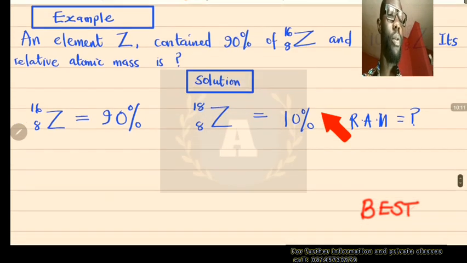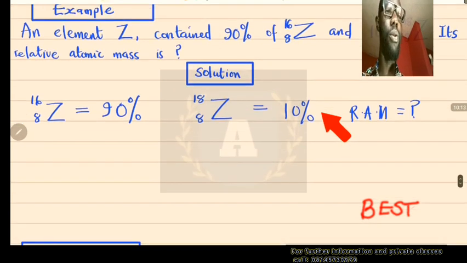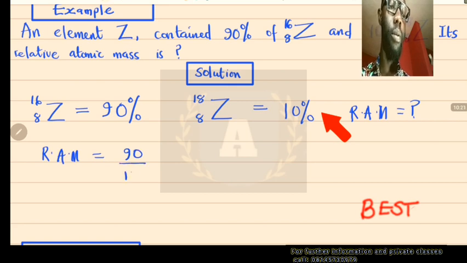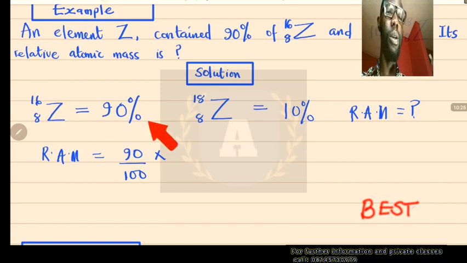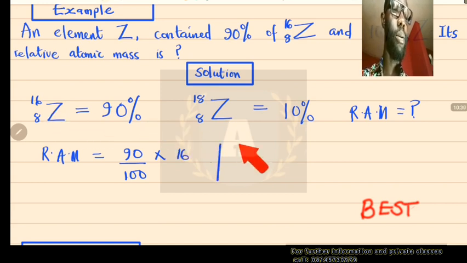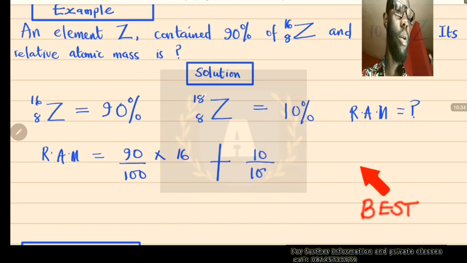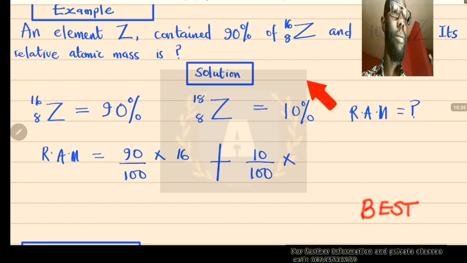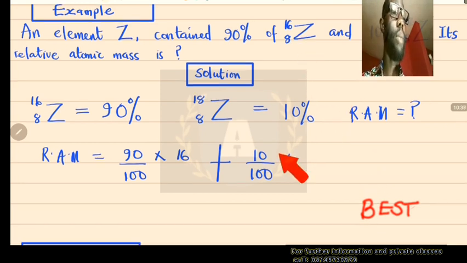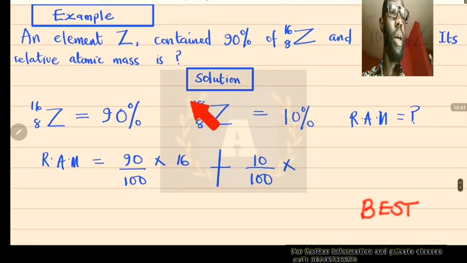So we are asked to calculate the relative atomic mass. Following the same method as used above, R.A.M will therefore be equal to 90 divided by 100 multiplied by the mass of this, that is 16, plus 10 divided by 100 multiplied by its own mass as given, which is 18.